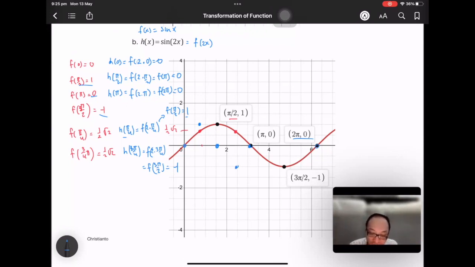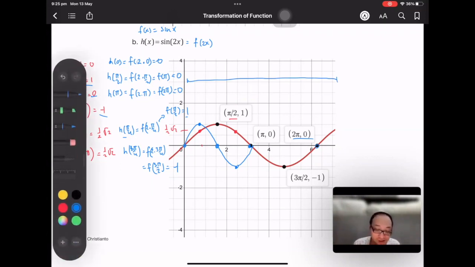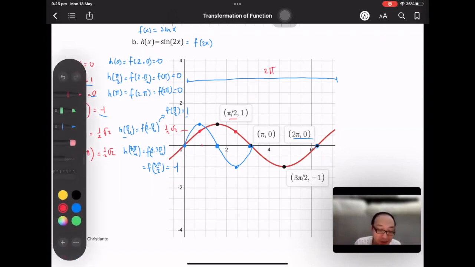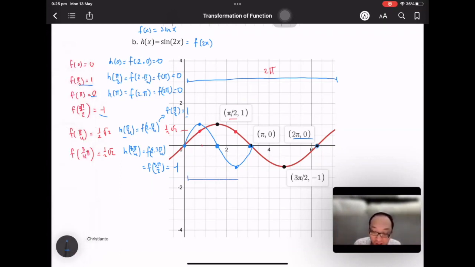And if we connect, what you can see is that the graph is being stretched horizontally by a scale factor of half. It becomes half. If you see the period of the original one is 2 pi, but now the period of the new one becomes half.